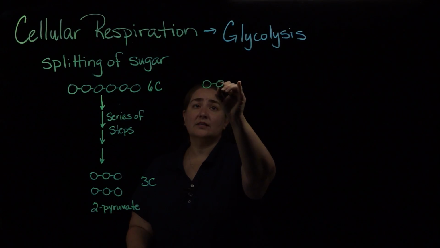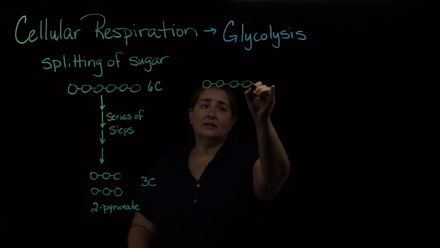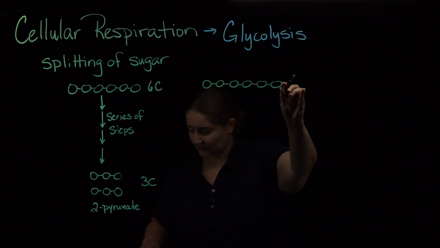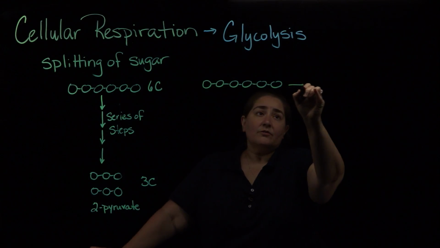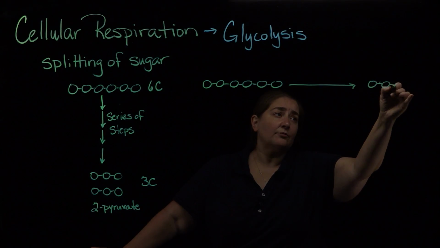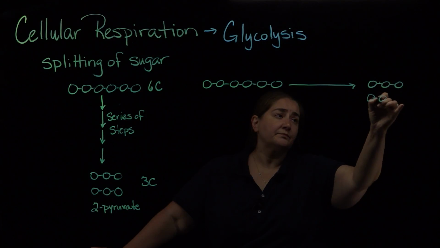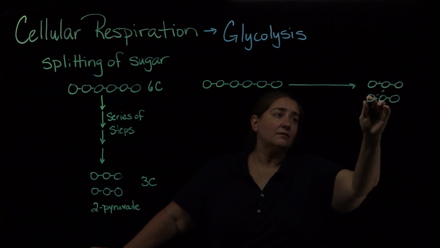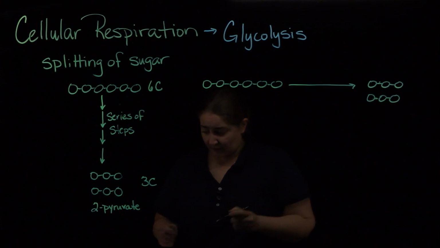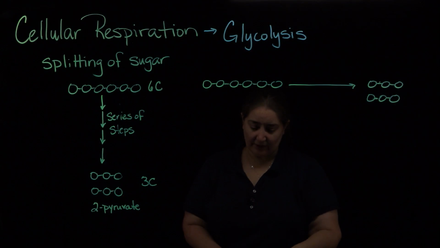And what's going to happen in that process, we've got our chemical reactions that are going to happen to generate our pyruvate. There are going to be a couple things that are going to happen, okay?